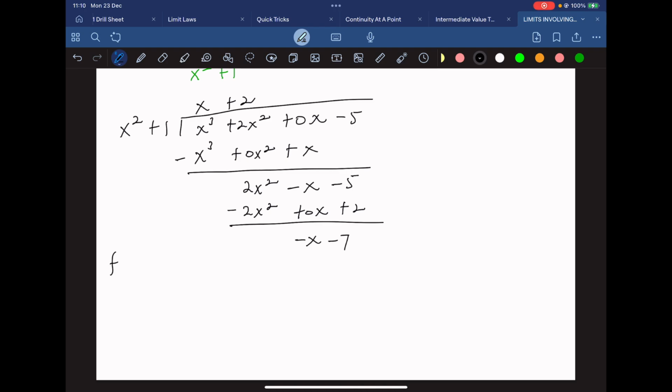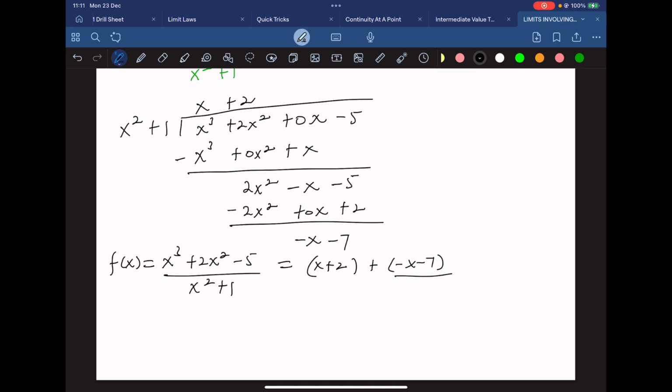So we can have our f of x, which is x cubed plus 2x squared minus 5 out of x squared plus 1, to be equal to x plus 2 plus minus x minus 7 out of x squared plus 1.